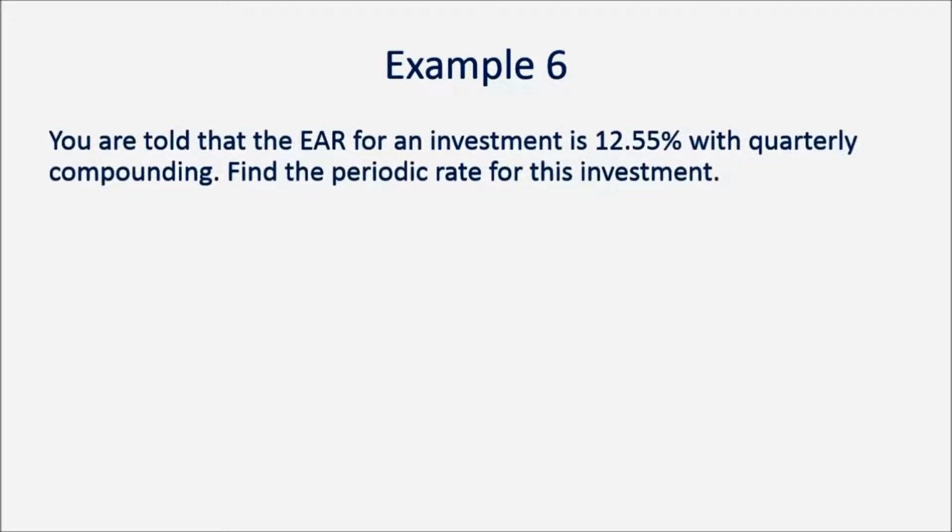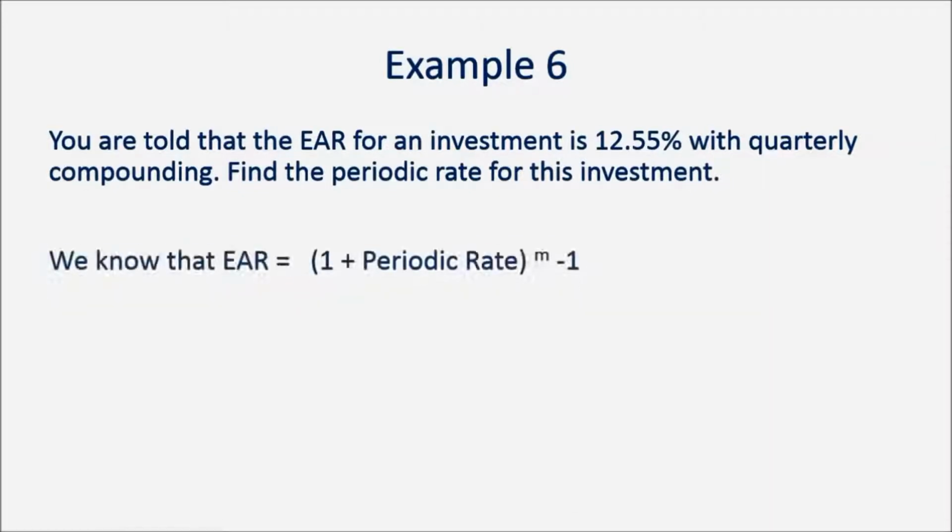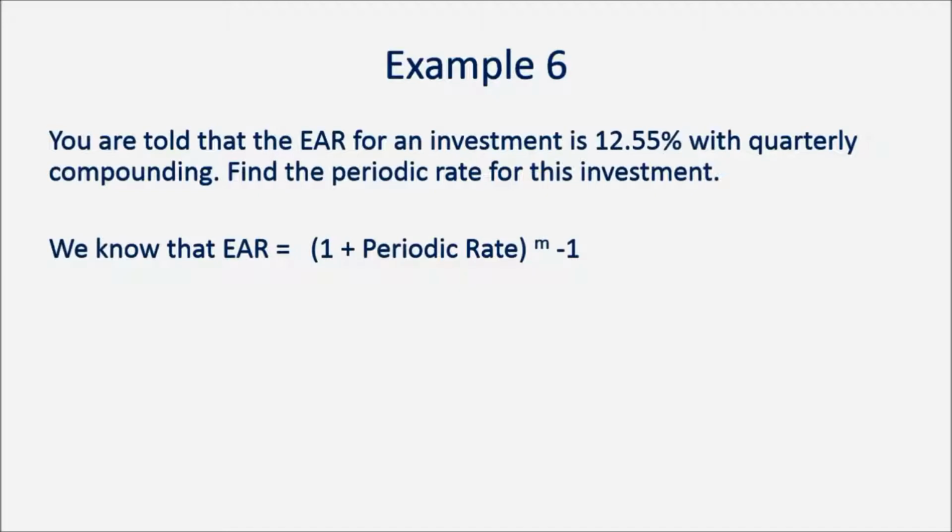Example 6. You are told that the EAR for an investment is 12.55% with quarterly compounding. Find the periodic rate for this investment. Now, in this question, you are given EAR and you have been asked to find out periodic rate. We know that EAR is 1 plus periodic rate whole to the power m minus 1.